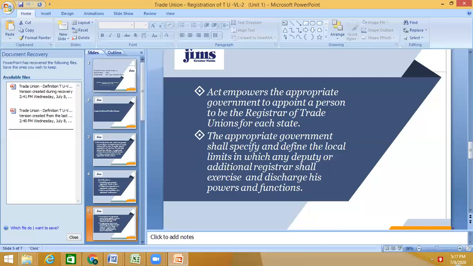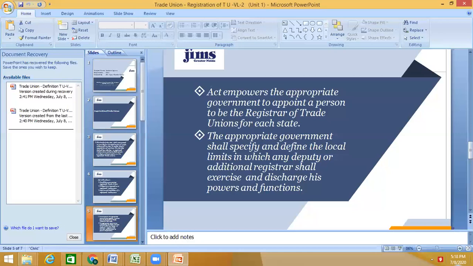And subject to the provisions of any such order, where an additional or deputy registrar exercises and discharges the powers and functions of a registrar in an area within which the registered office of a trade union is situated, these additional and deputy registrars shall be deemed to be the registrar in relation to the trade union for the purpose of this Act.